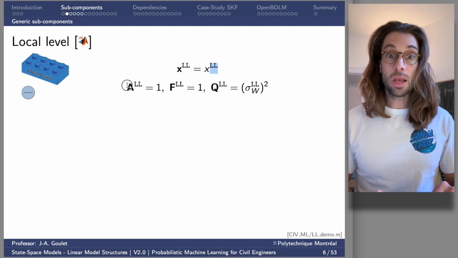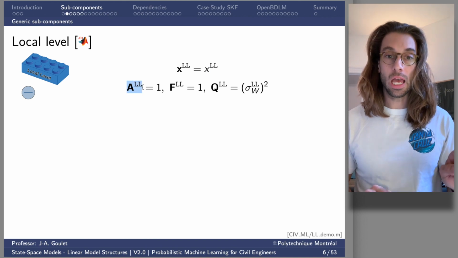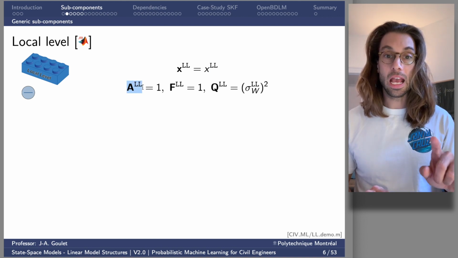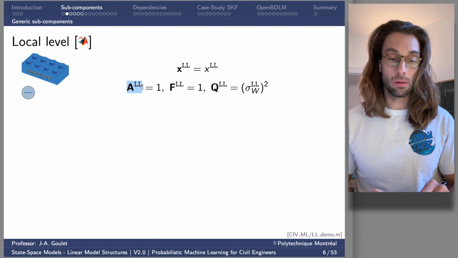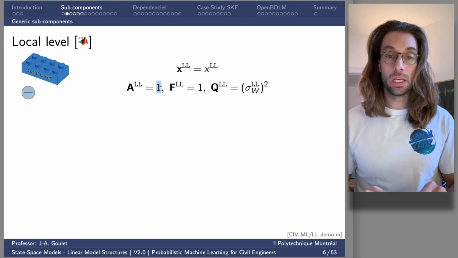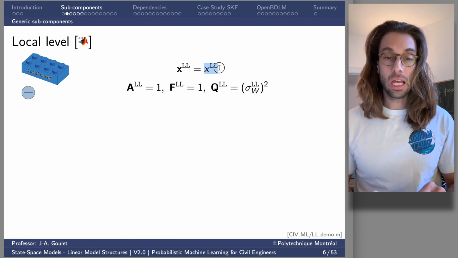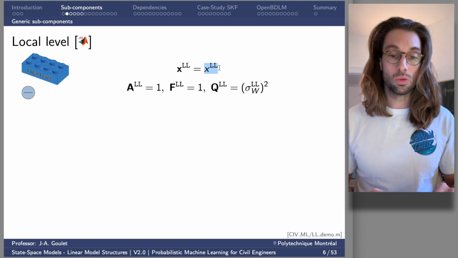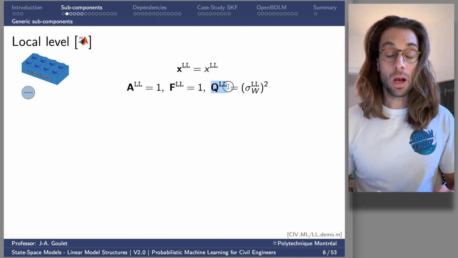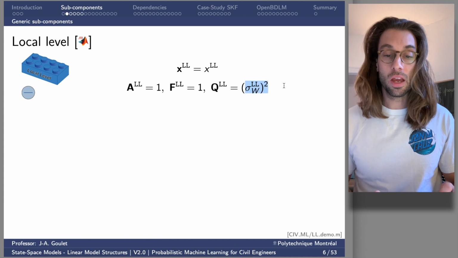My A matrix, remember the transition model is x_{t+1} = A x_t + w_t, is simply 1 here, a constant. F is simply equal to 1, so my hidden state contributes directly to my observations y. And Q, my covariance matrix, is simply a variance term.